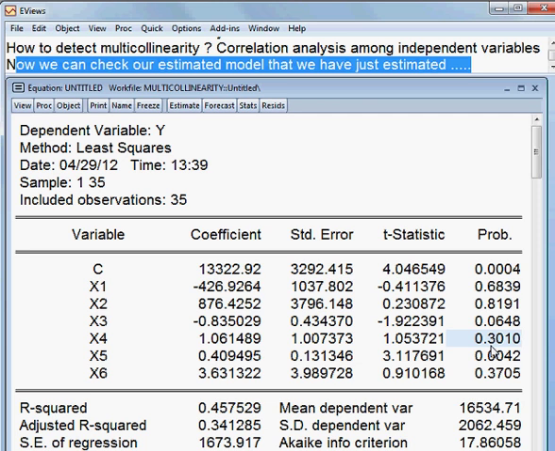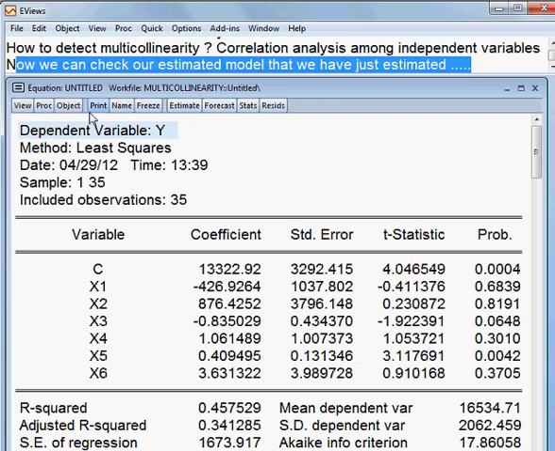Normally if the p-value is less than 5%, that variable can influence y. What is y?